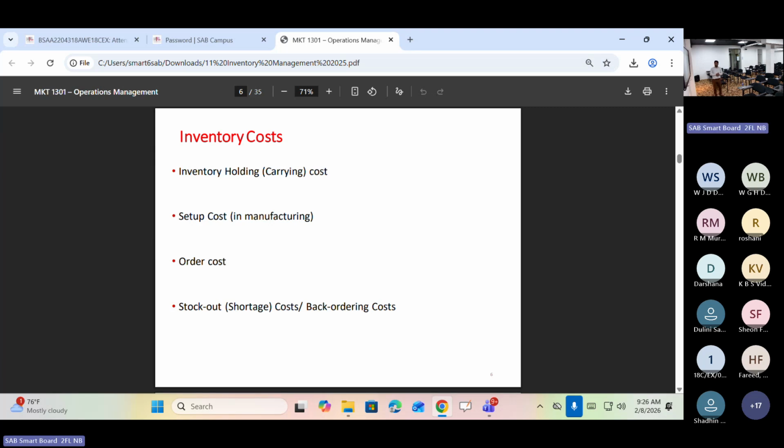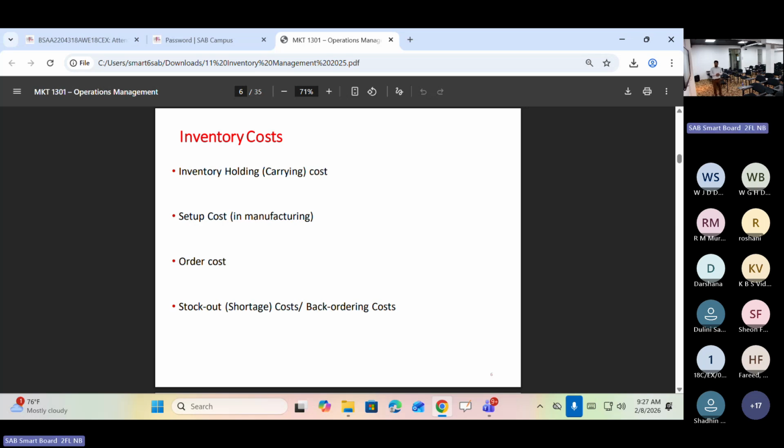And in addition to that, you may also add the capital tied up in inventories and the interest on it. So the longer the period you maintain inventories, and the higher the amount of inventories you maintain, the higher the inventory holding cost.